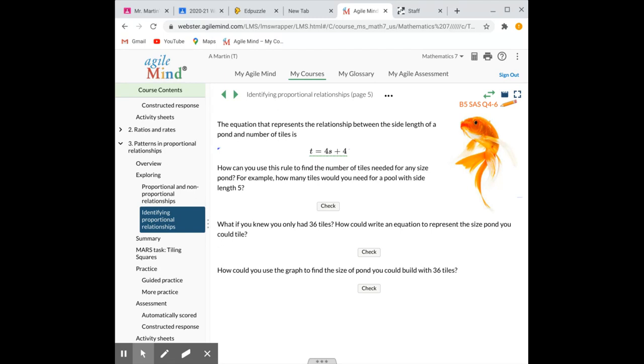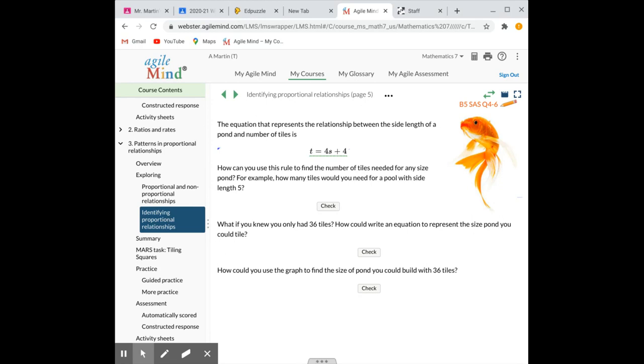T equals what? 4s plus 4. Good, and keep going. How can you use this rule to find the number of tiles needed for any size pond? For example, how many tiles would you need for a side length of 5? All right, so if the side length was 5, what would you have to do for this equation?